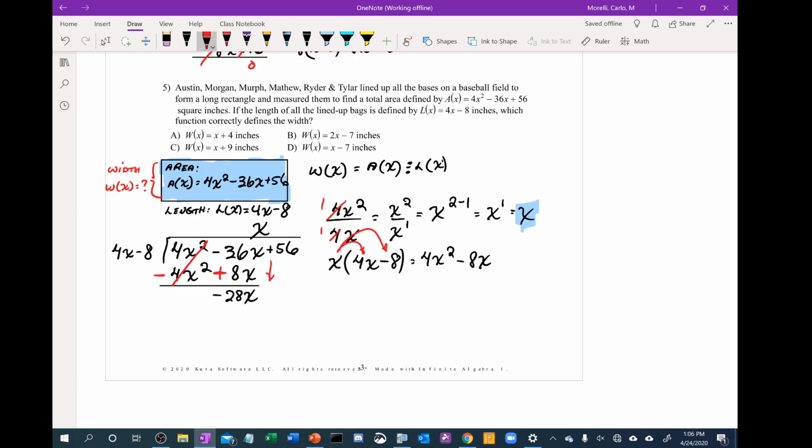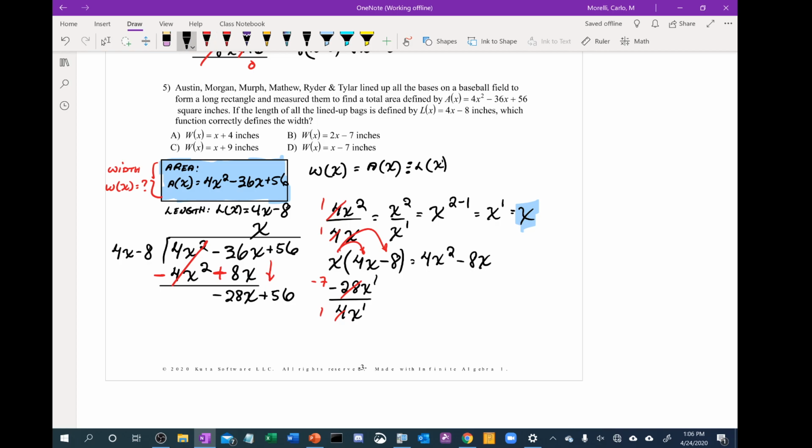Bring down the next term of the dividend, plus 56. And now start the whole recipe over. Divide this new term of the dividend, negative 28x, by the first term of the divisor, 4x. So we have negative 28x divided by 4x. Reducing negative 28 and 4 gives negative 7 over 1.